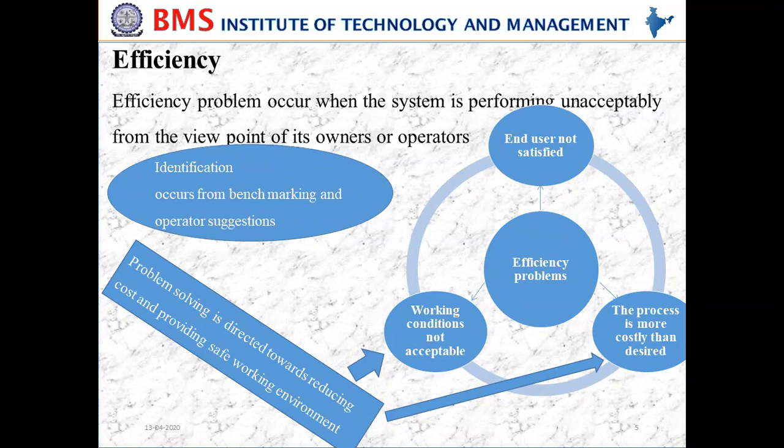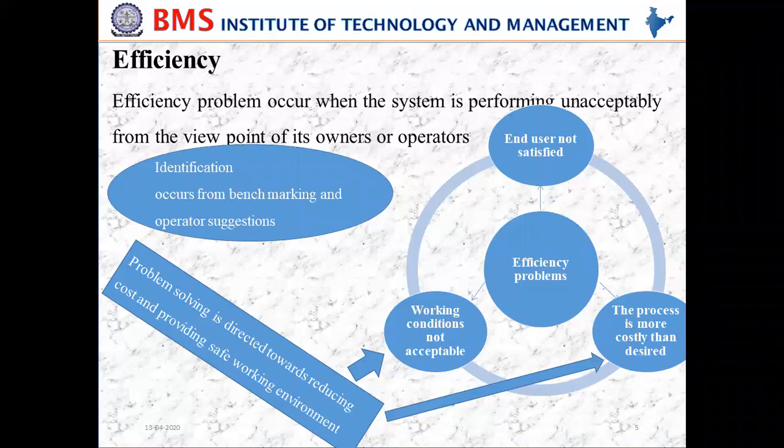Problem solving is directed towards reducing the cost and providing a safe working environment. If you provide a safe working environment and you try to reduce the cost of the product or process, then you are going to improve the efficiency.